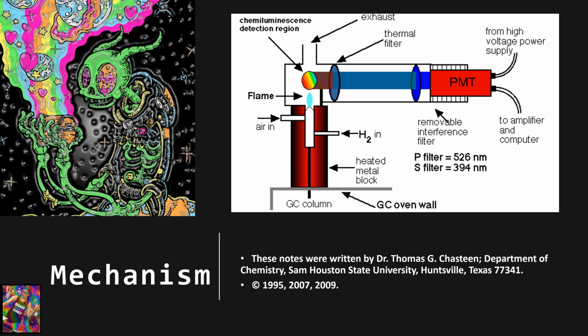Here we are at the mechanism. Please bear with me, this is kind of a bit lengthy, but I hope you will listen. This device uses chemiluminescent reactions of compounds in a hydrogen or air flame as a source of analytical information that is relatively specific for substances containing atoms.